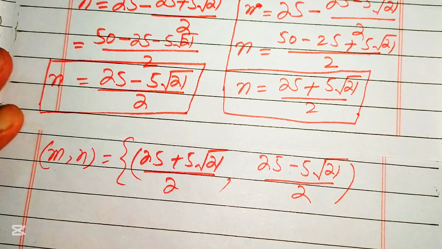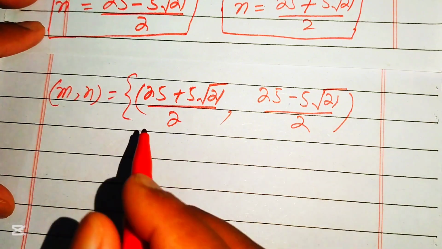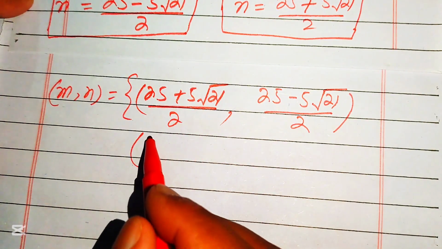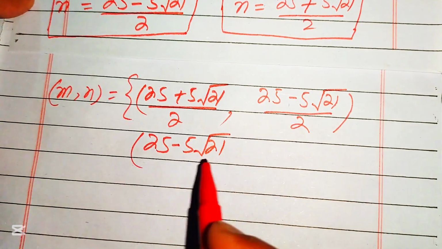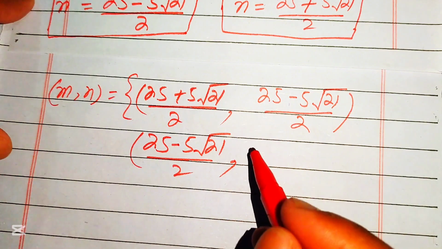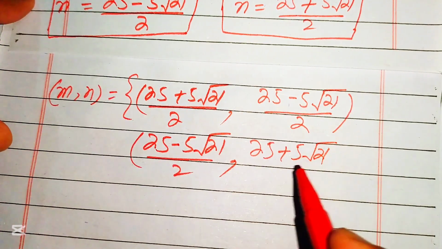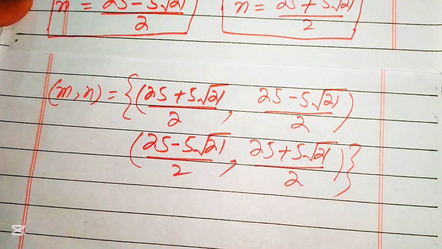So this is the first solution of the given equation which we get from case number 1, and similarly the second solution of the given equation is the value of m is 25 minus 5 times of square root of 21 and it is divided by 2. The corresponding value of n is 25 plus 5 times of square root of 21 and it is divided by 2. So these are the two final solutions of the given equation.